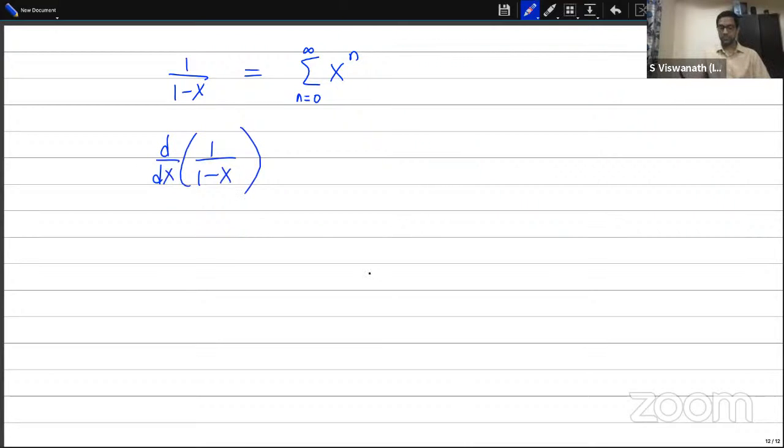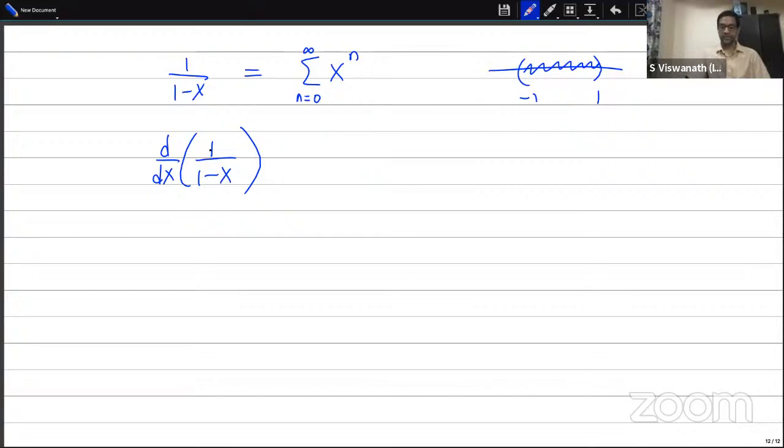Remember, this identity expresses something about a function between minus 1 and 1. 1 over 1 minus x is a function in this interval whose value is the same as the right-hand side, summation x power n, where you have to assume x is between minus 1 and 1. Because they're very nice functions, I can differentiate any number of times.